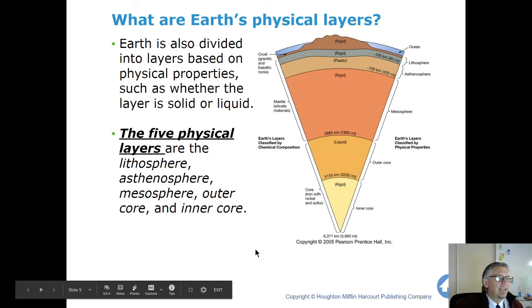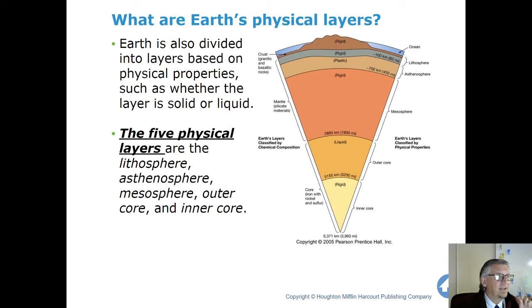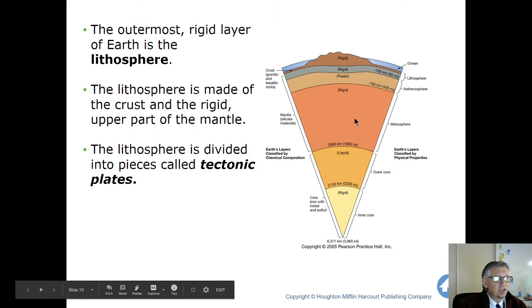If we take a look at physical layers, these are a little bit more complicated. If we take a look at the physical properties, we have either a solid or a liquid. And once again, the concept of a liquid is going to be liquid-like. It's not necessarily like water. So our first layer is going to be the lithosphere.